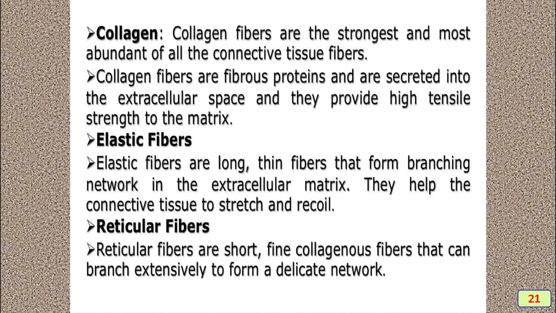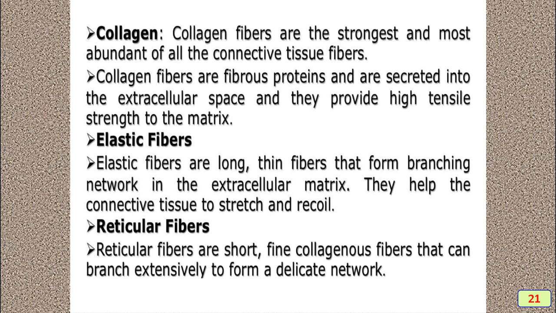Collagen is present and binds different types of body cells, and its fibers are the strongest and most abundant of all the connective tissue fibers. Collagen fibers are fibrous proteins secreted into the extracellular space, and they provide high tensile strength to the matrix.